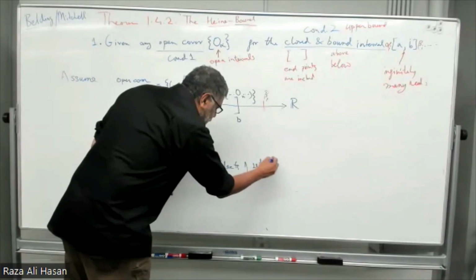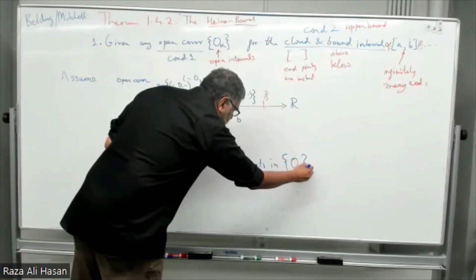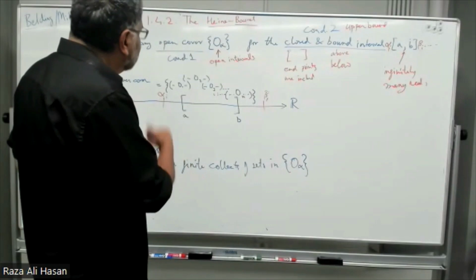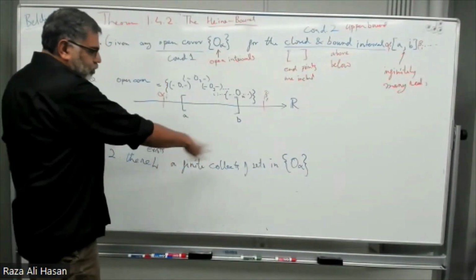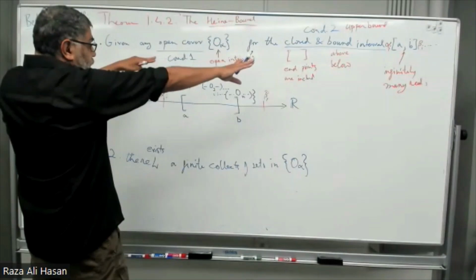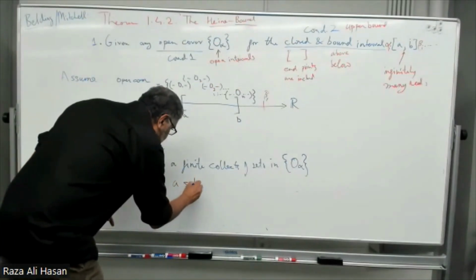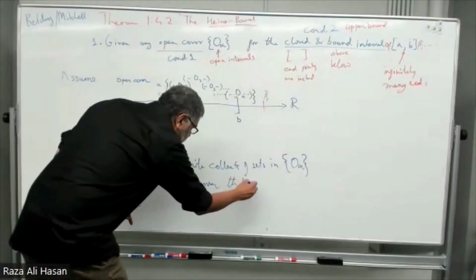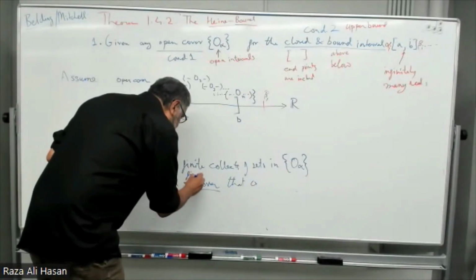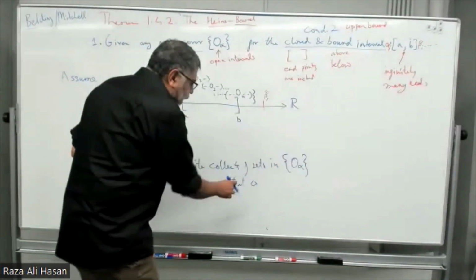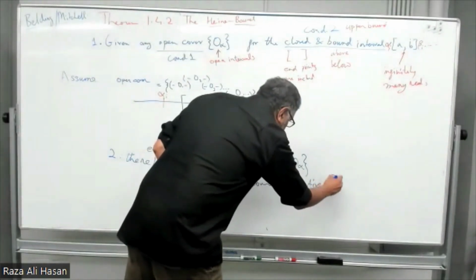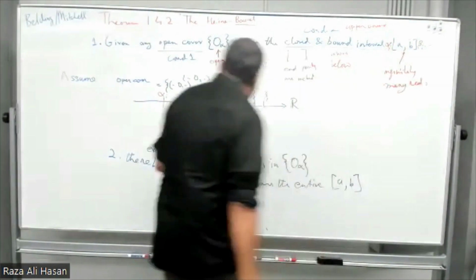All it should say is that there exists a subcover. So if these two conditions are true, then there will exist a finite subcover that covers the entire interval [a, b].